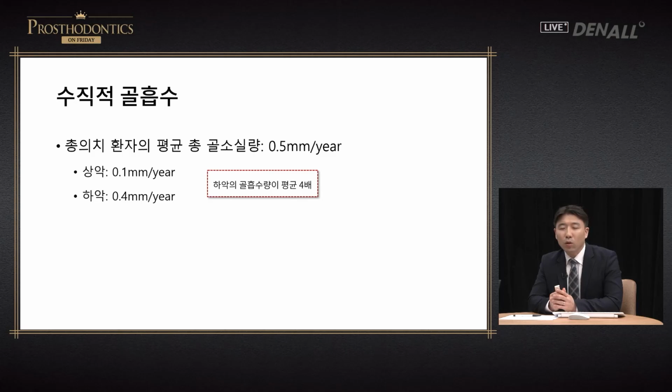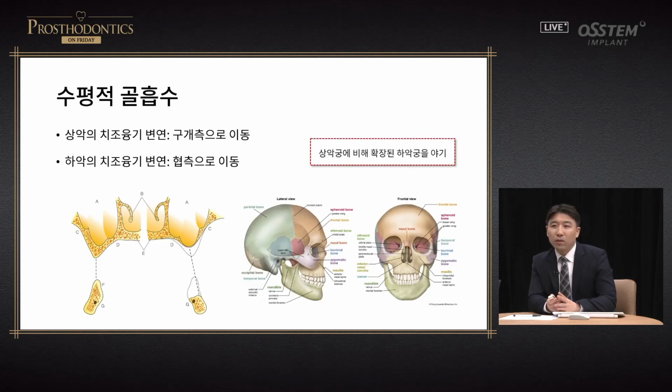Compared with the upper, there's more resorption in the lower. Even if we get successful end result, the ridge continues to get resorbed. We need to do continuous checkup, do relining so that the patient can use it nicely. We need to maintain it so that the patient can use it nicely for a longer period of time.